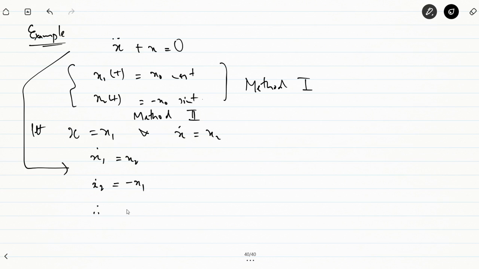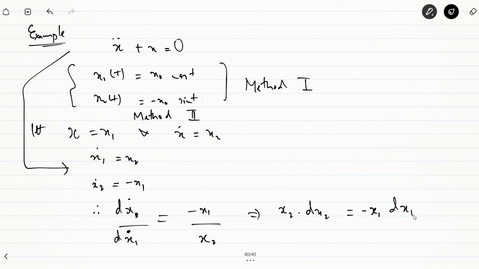Therefore x2 dot divided by x1 dot will be equal to minus x1 divided by x2, which gives us, this is actually dx2 here, not x2 dot, dx2 divided by dx1, x2 into dx2 is equal to minus x1 dx1. Fine.